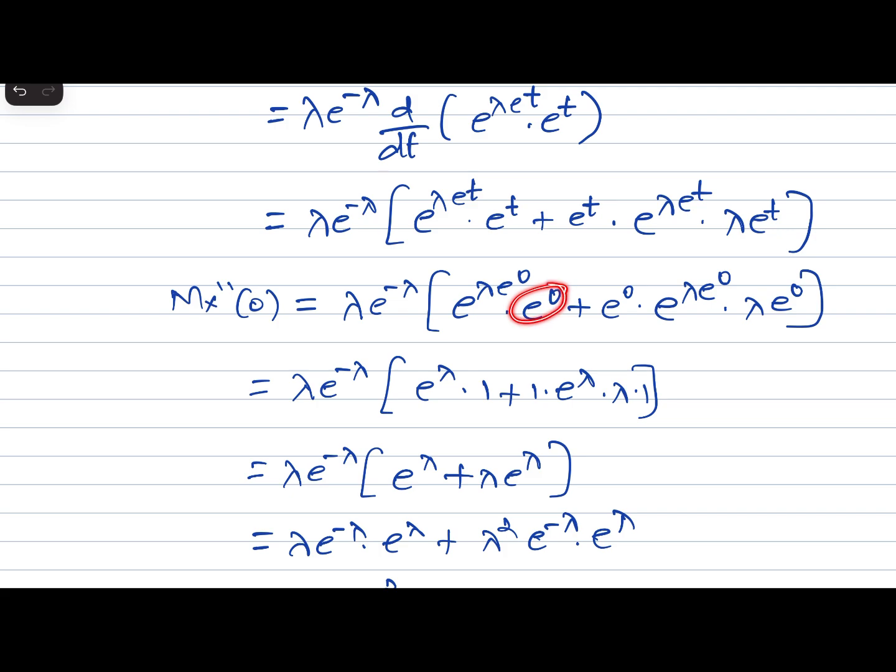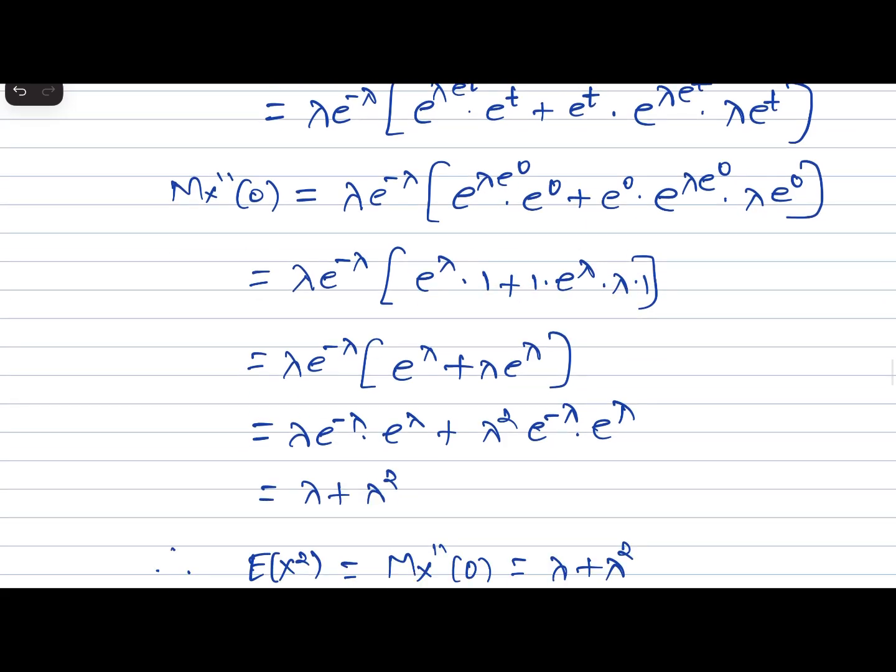So all this e power 0 will be 1. Leaving out those terms, we will write this first term, this term is 1, this term is 1, this term is e to the power lambda, this term is lambda, this term is 1. So we have written like this. Now this term e to the power lambda plus lambda e power lambda you will get.